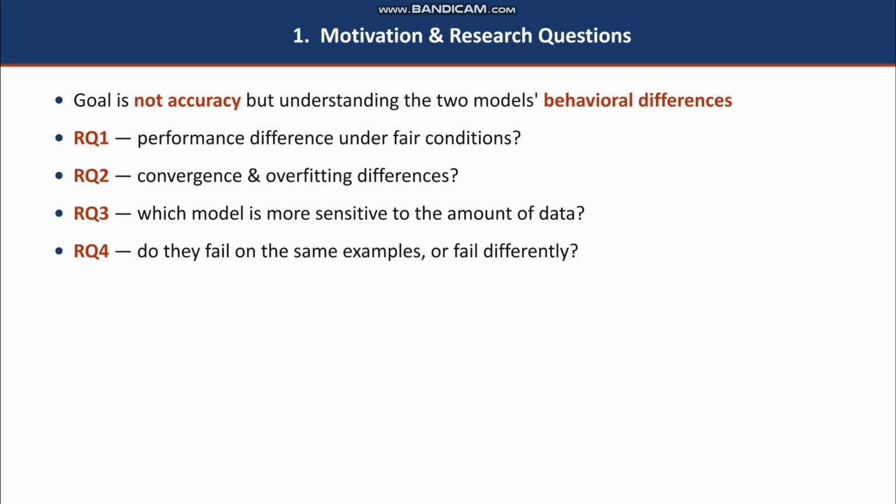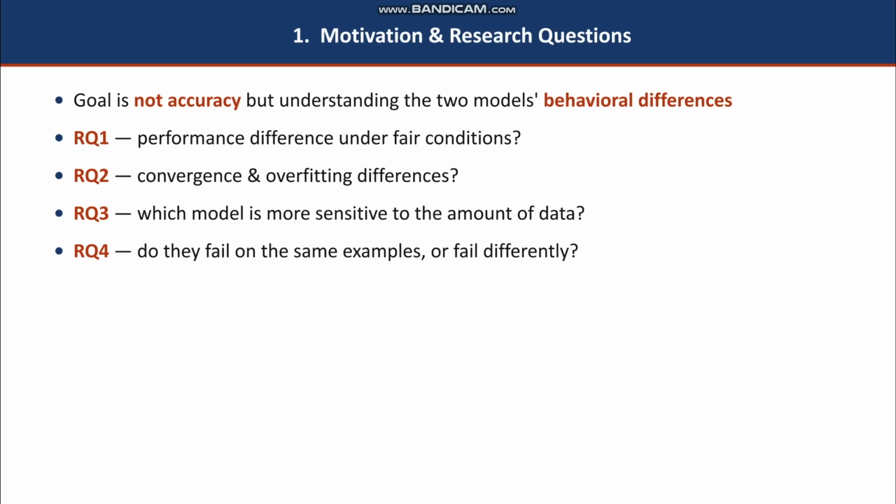The goal isn't a high score, as the rubric suggests. What matters is understanding how the two models behave differently. I examine four questions. Number one: how performance differs under fair conditions.